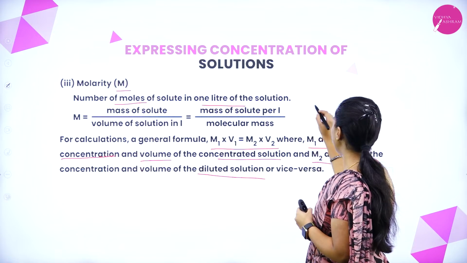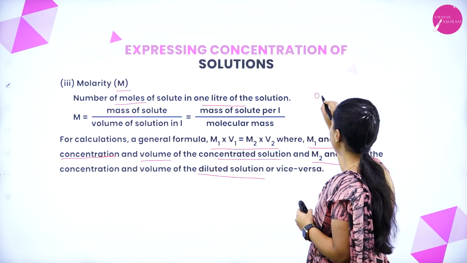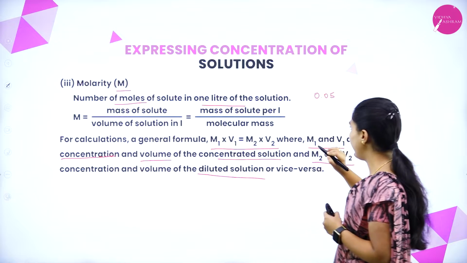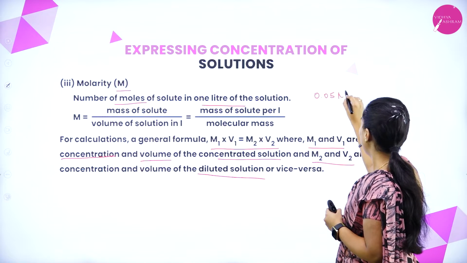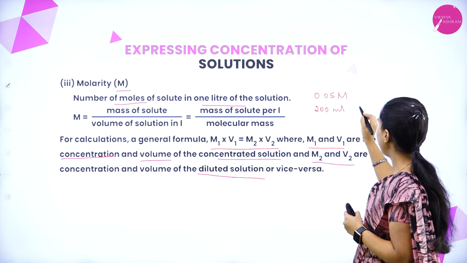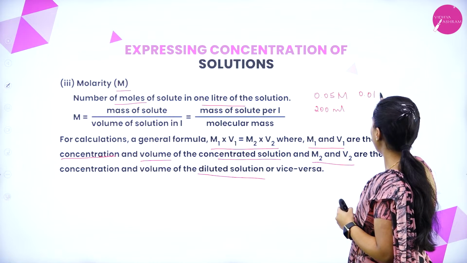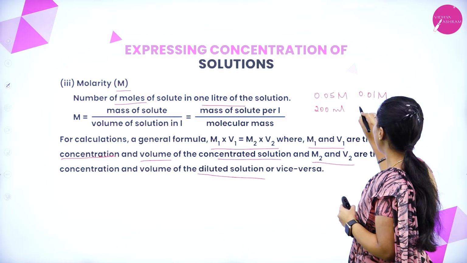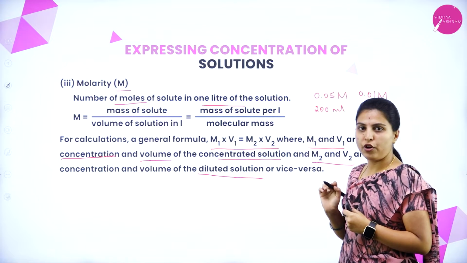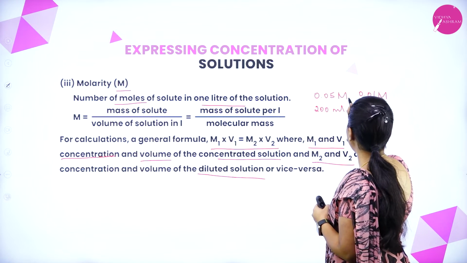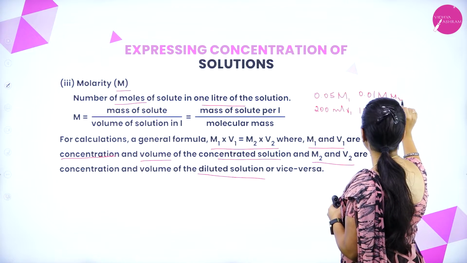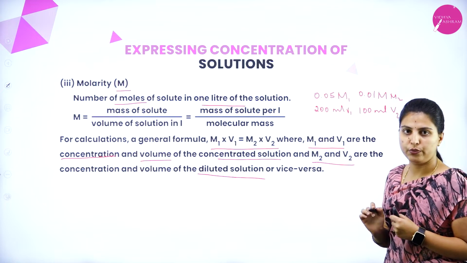Okay, if you want to dilute 200 ml of 0.05 molarity to 0.01 molarity for 100 ml solution, this formula we can use. This is M1, this is V1, this is M2, this is V2.